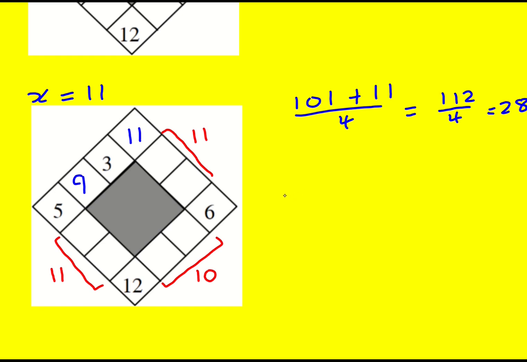Let's just write down the numbers that we've got left to use. We've got 1, 2, 4, 7, 8, and 10. Now there's only one way here that I can get 10: 2 and 8. So I'm going to have to put 2 and 8 in some order here.